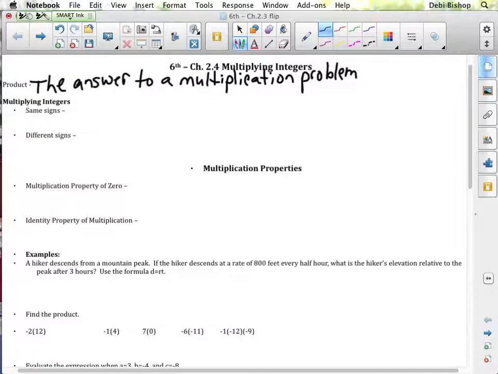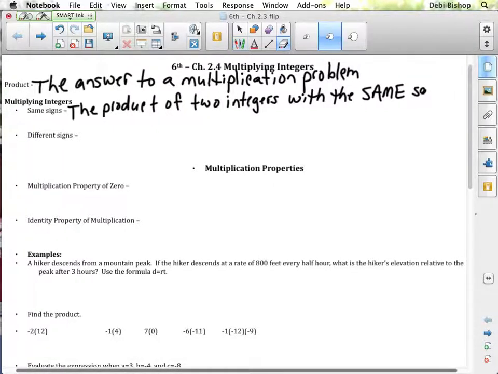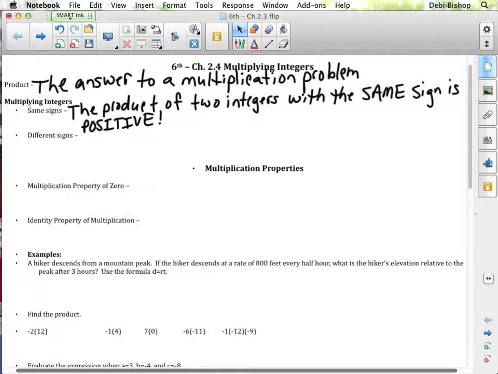So when we have the same sign, we say that the product of two integers with the same sign is positive. So, for example, what we're talking about is positive and negative numbers.